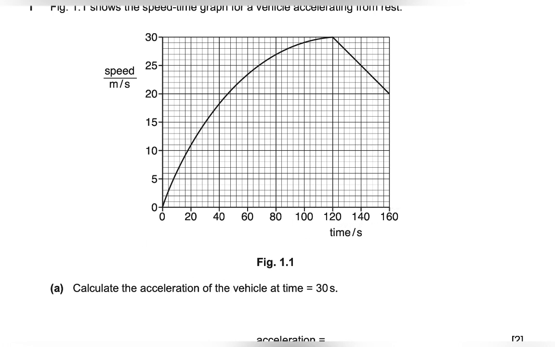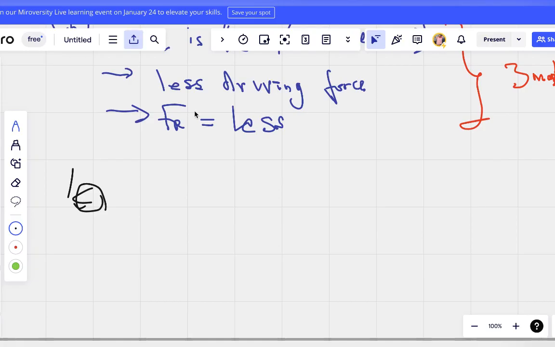If we come here, the maximum value is 30. At this point it is 20, so 0 to 20 is the first part. If we come to our working space, I'm only going to show the last part of the graph, not the whole graph, for ease.